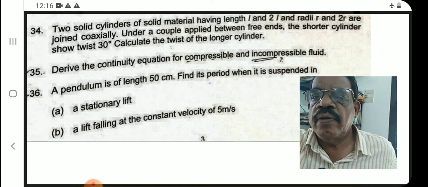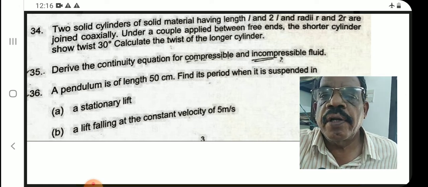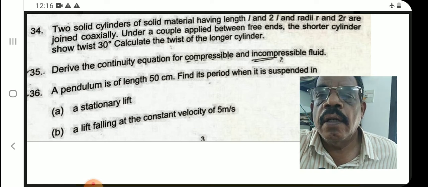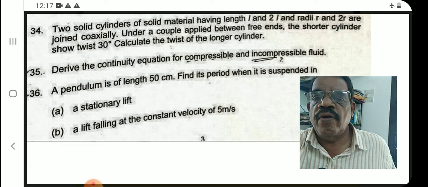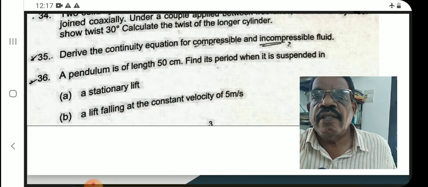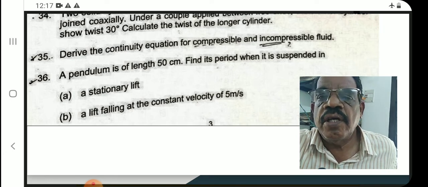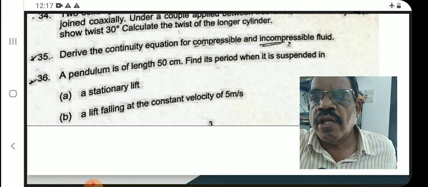Number 35, derive the continuity equation for compressible and incompressible fluid. Number 36, a pendulum is of length 50 centimeter. A, find the period when it is suspended in a stationary lift.